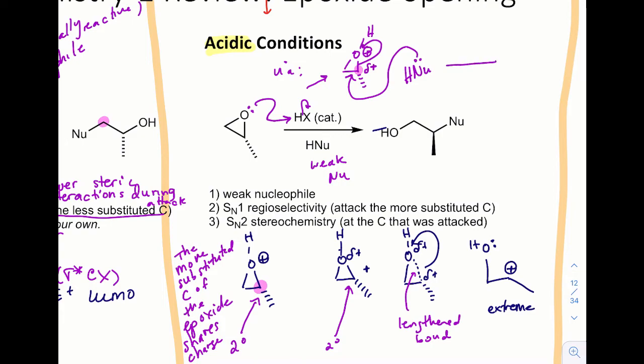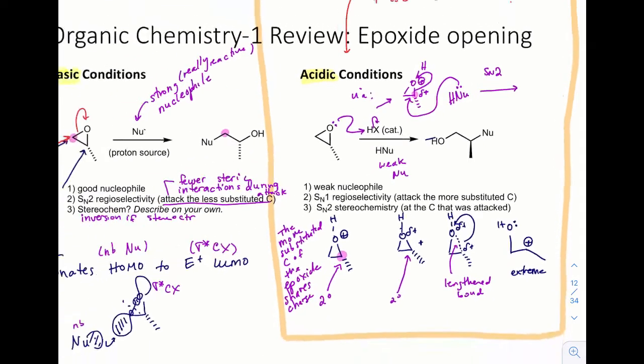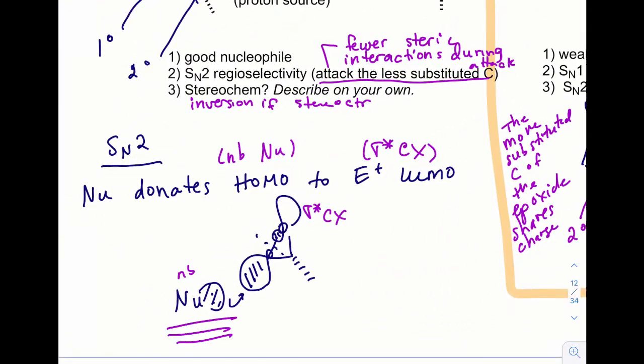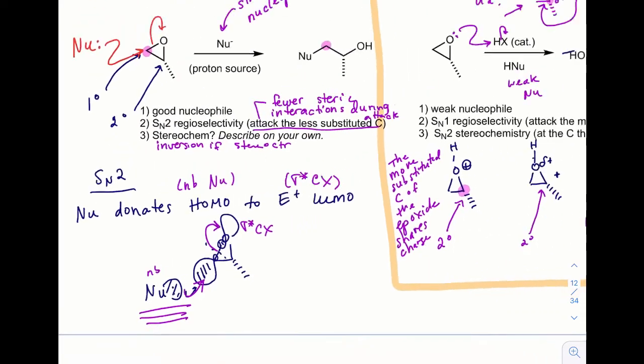You can see that this is an SN2 attack, just as under basic conditions. You can see that the nucleophile is donating the electrons in its highest energy molecular orbital, a lone pair, to sigma star C-X, so the LUMO of that electrophile. At the same time that the nucleophile-carbon bond is forming, the carbon-oxygen bond is breaking. This is an SN2 reaction, a bimolecular nucleophilic substitution step.